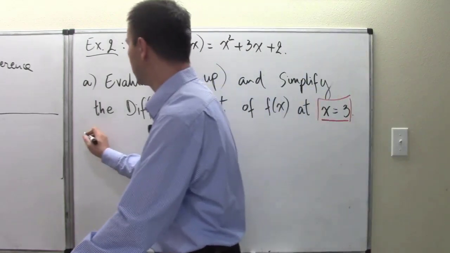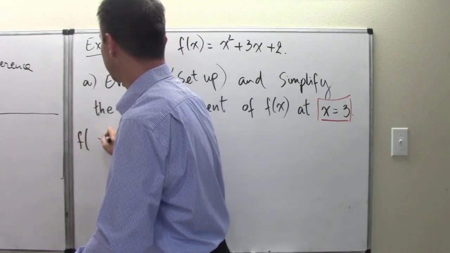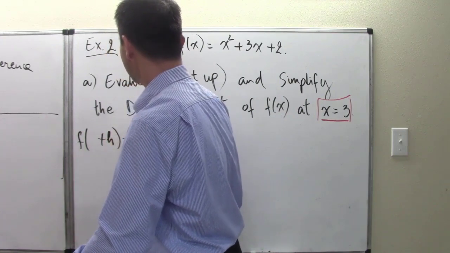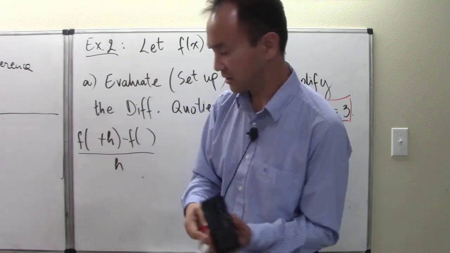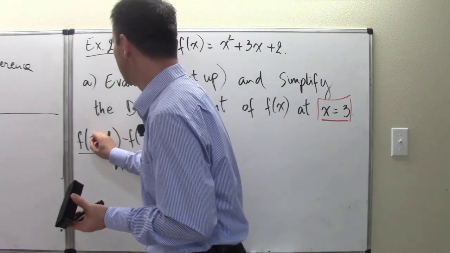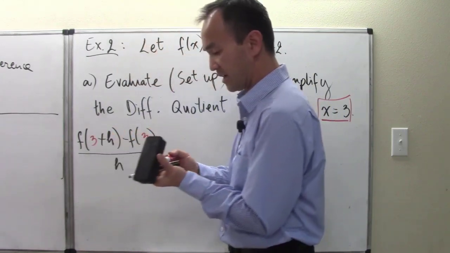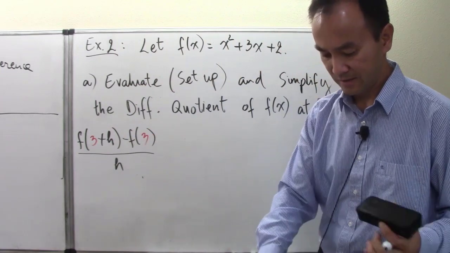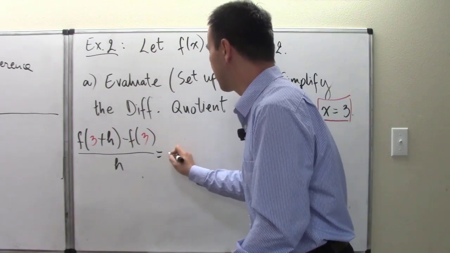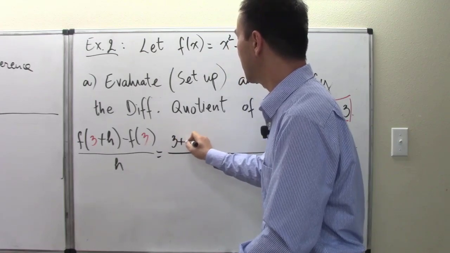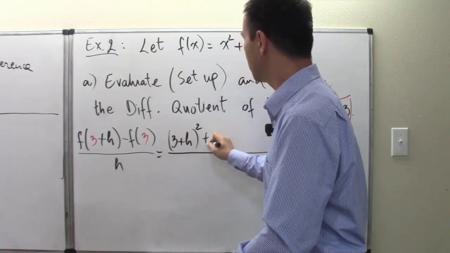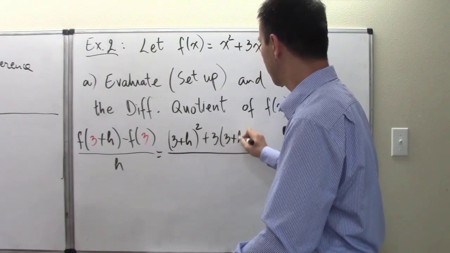Okay, so f of 3 plus h. Now skipping that scratch work step, we're looking at (3 plus h) squared plus 3 times (3 plus h) plus 2.